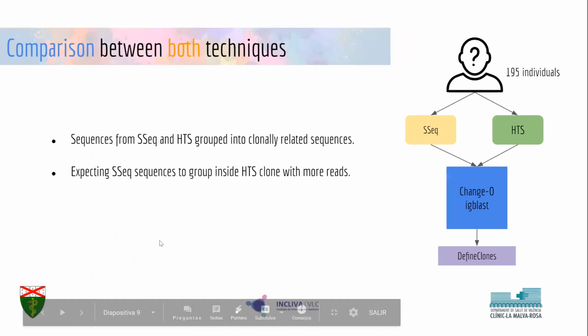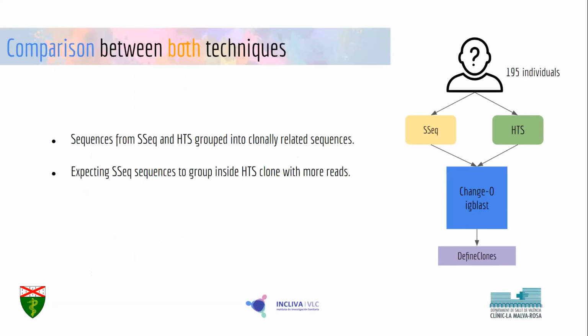Following this, we picked sequences from 195 individuals from both the Sanger sequences and the HTS sequences we had. After annotating with IgBlast, we used this 0.1 threshold to define the clones. We expected the Sanger sequences to be grouped inside the HTS clone that is most represented in terms of sequencing reads.